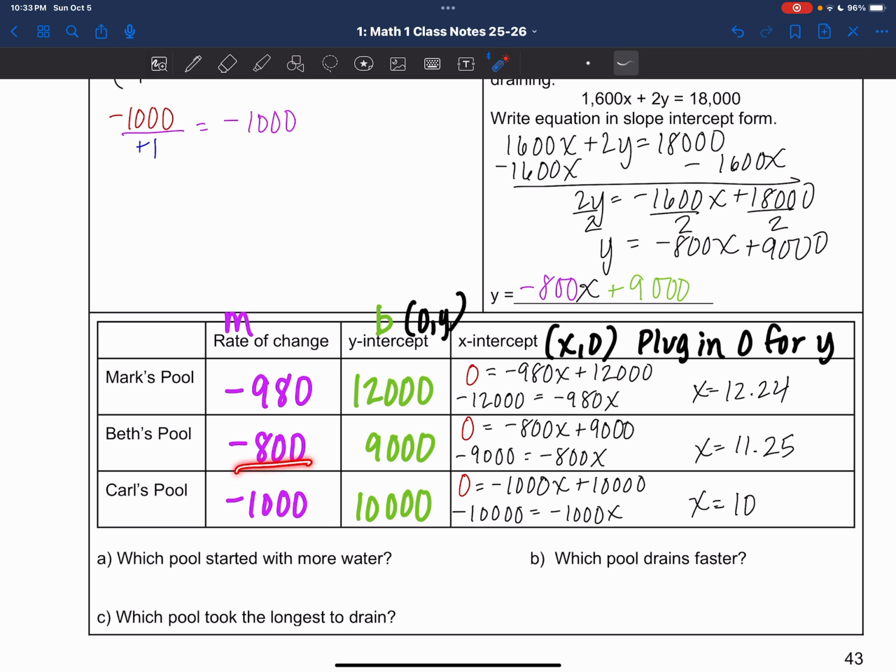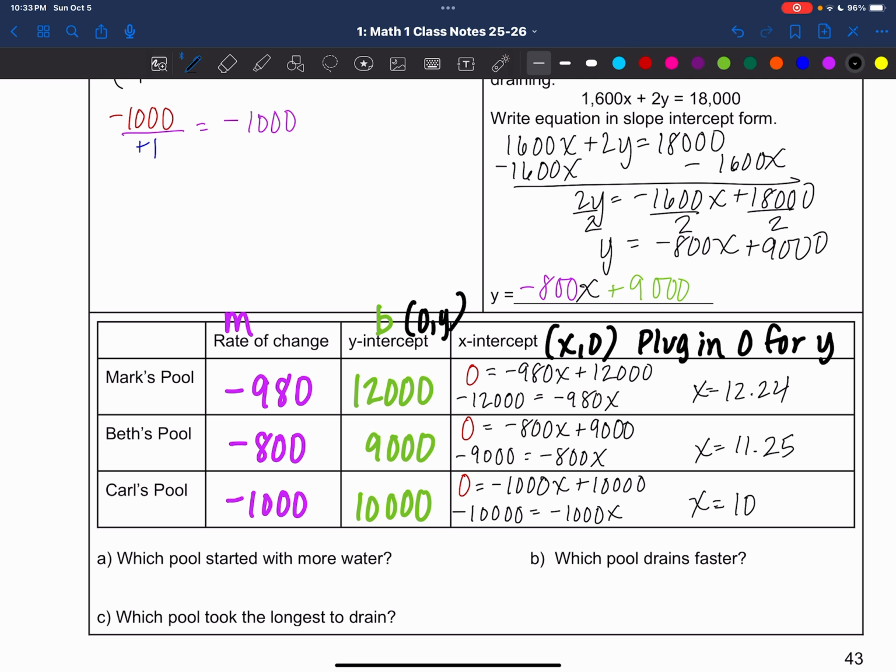I did the same thing for Beth, where I said 0 equals negative 800x plus 9,000, and I ended up getting x equals 11.5. And for Carl, same thing. I said 0 equals negative 1,000x plus 10,000, and I got x equals 10.